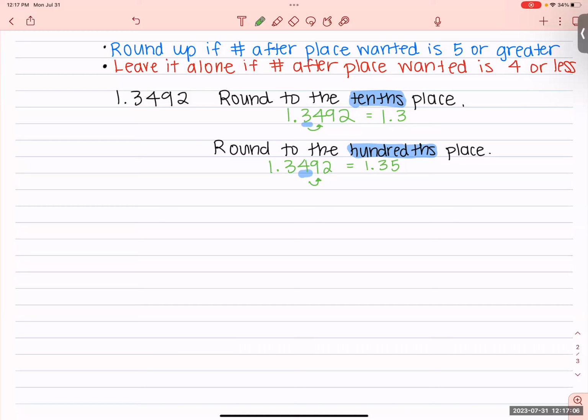Sometimes you may have to round a little bit more than you think, or it might be kind of confusing rounding. So let's say, what if this 2 on the end was a 5? And I said round to the thousandths place.